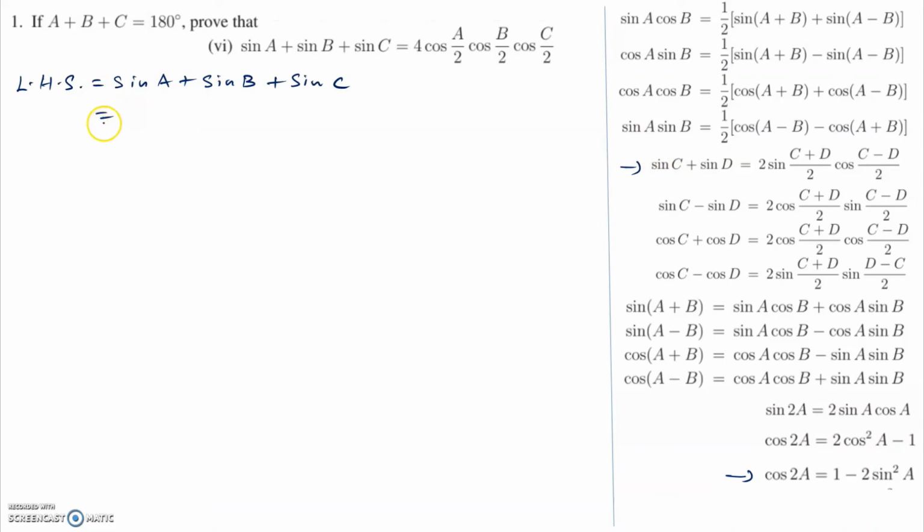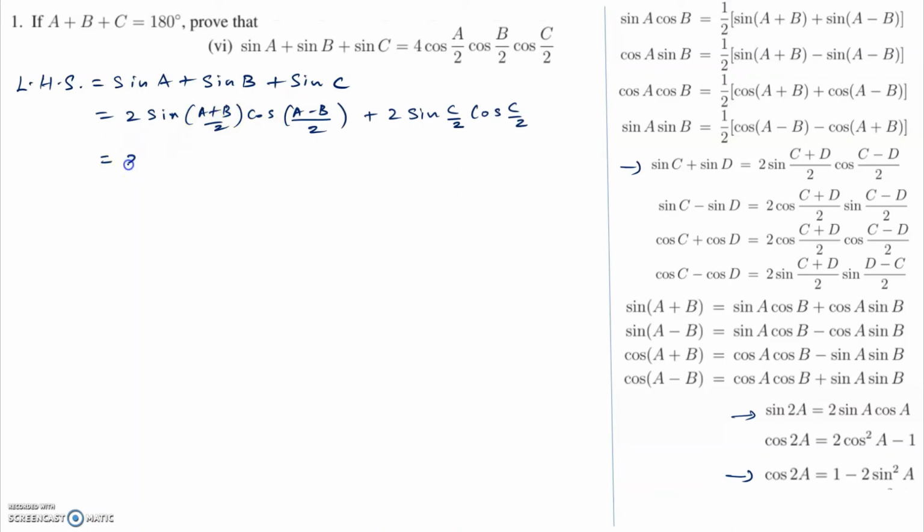So this will now become 2 times sin (A plus B)/2 into cos (A minus B)/2, and for sin C, let's apply this formula here, assuming A to be C/2. So this will become 2 times sin C/2 cos C/2. Again, sin (A plus B)/2 will be cos C/2.